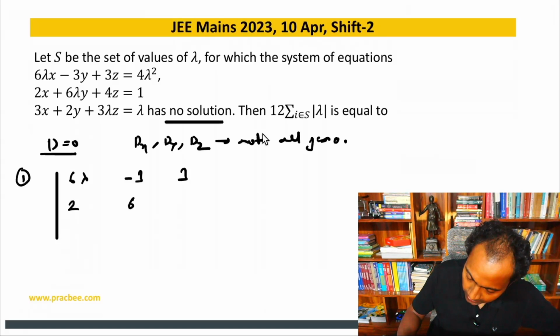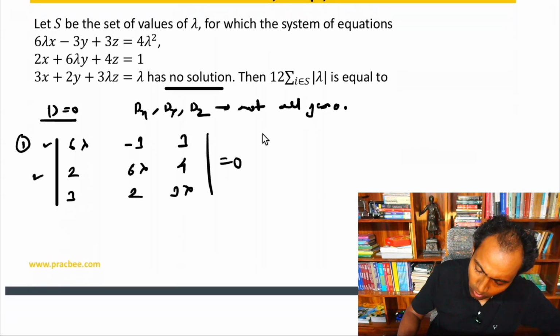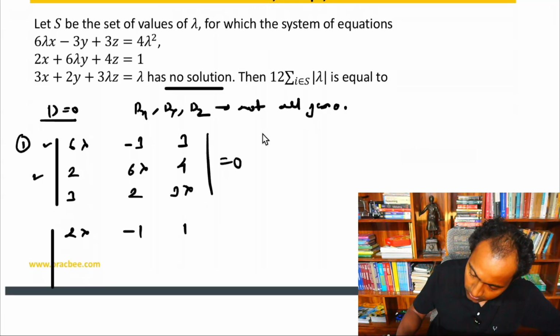So we are writing it up. This becomes 6 lambda 4, 3 2 3 lambda. This should be equal to 0. Now before doing anything, let us take 3 common from the first row, 2 common from the second row and remove it. So this will become 2 lambda minus 1 plus 1. This will become lambda 3 lambda 2.